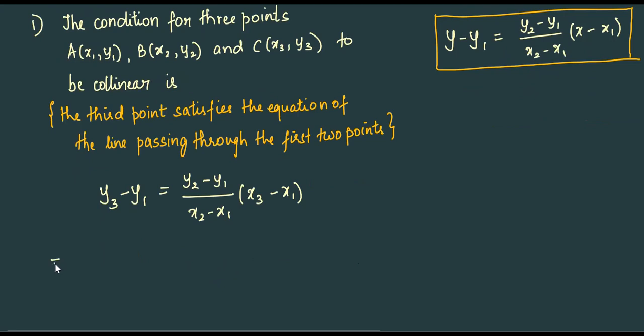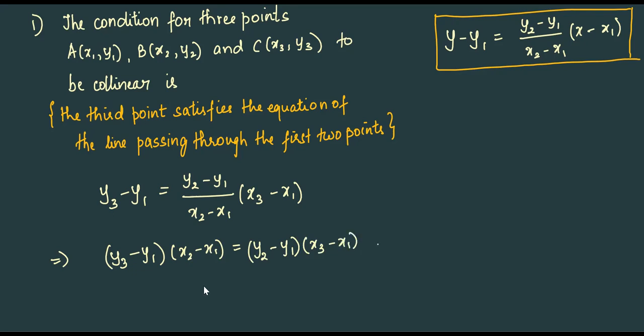We can simplify this one more. Here we can write this as (y3 minus y1) times (x2 minus x1) equals (y2 minus y1) times (x3 minus x1).